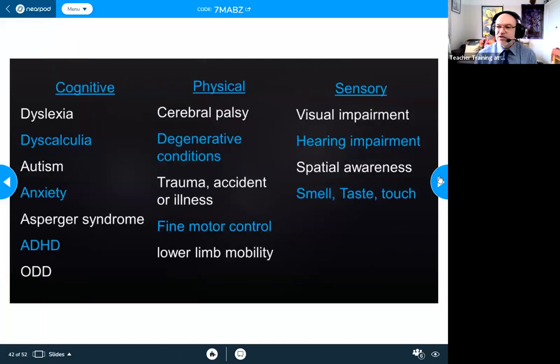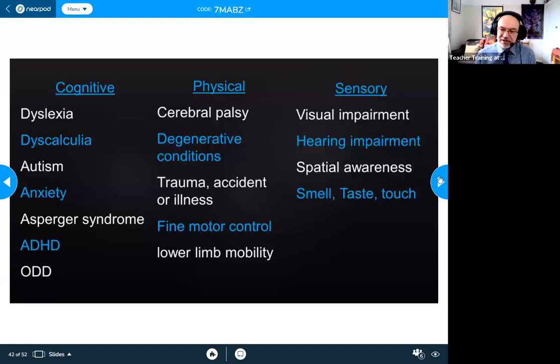So looking at the second three, where I'm suggesting you only consider one from each factor. These are not an exhaustive list, but typical perhaps factors that would impact on learning.